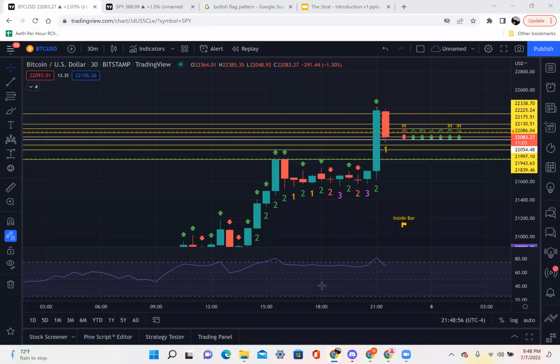With the strat, yes, I find it easier using a 1 minute, 3 minute, or 5 minute for scalps. You can utilize the 15-minute, but I like the 15-minute more so for day trading. That and the 30-minute, but I'm not going to go that big to day trade. I'll still day trade off a 1 minute chart.